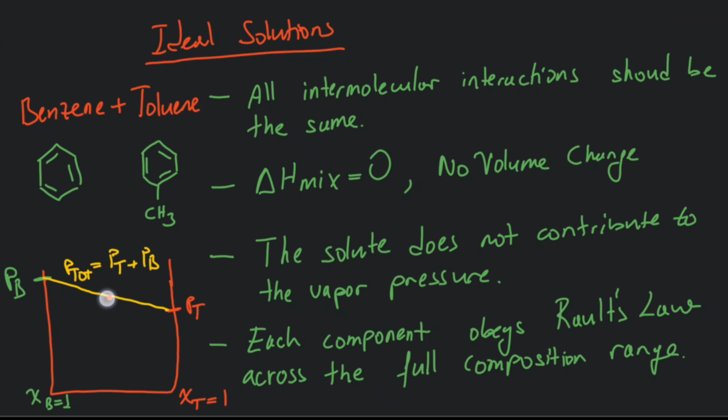But at this point, what is the pressure of toluene? Actually, toluene pressure decreases from here to here, and it becomes 0 when the toluene mole fraction is equal to 0. By the way, this is the 0 point, and the toluene mole fraction is 0. This part shows the mole fraction of the components, and these are the pressures.